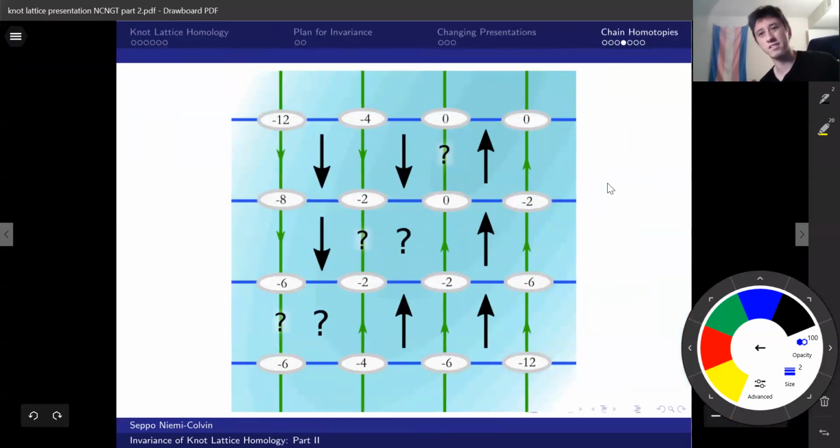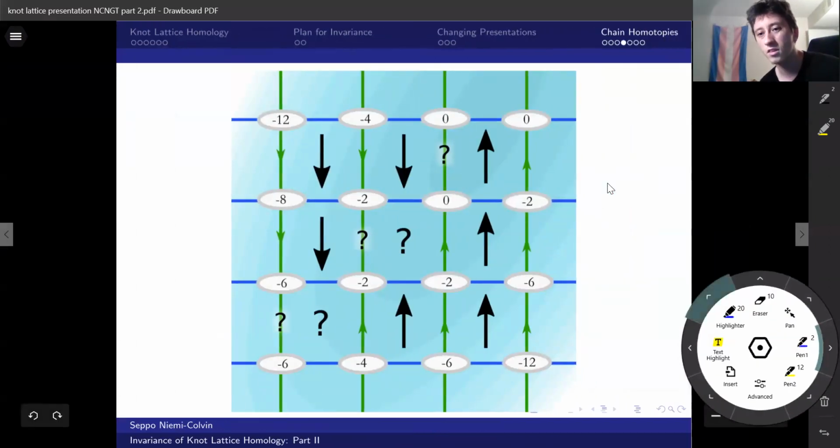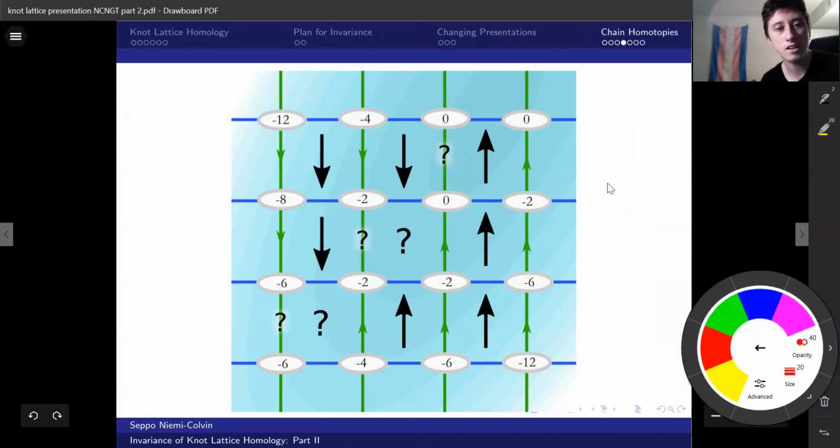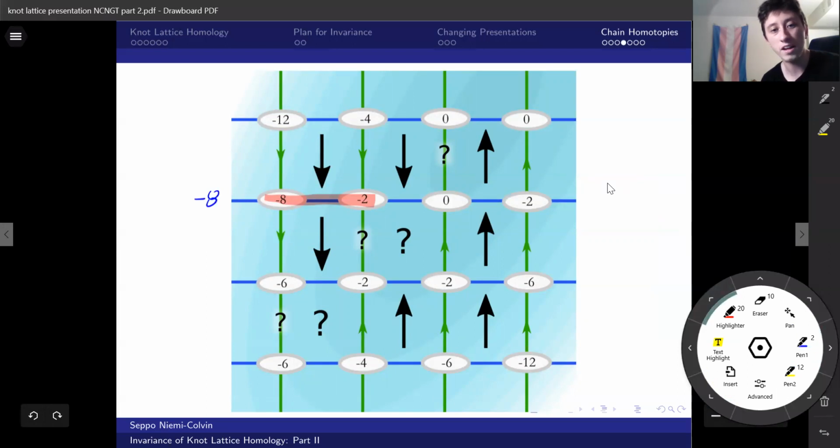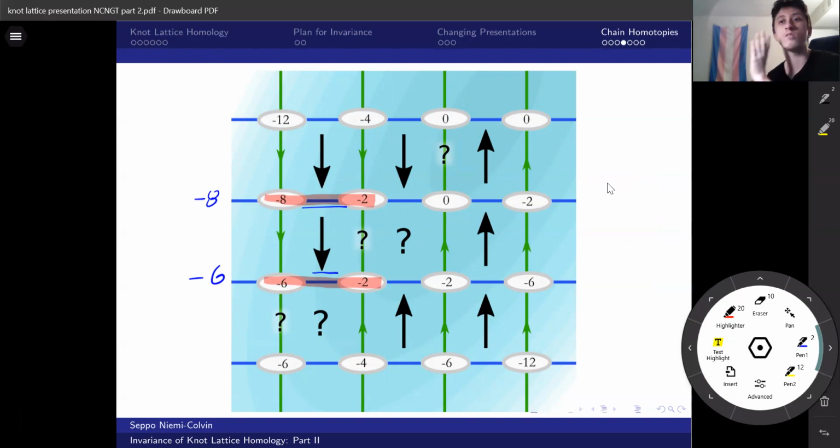And let's pull this up bigger to talk about it in context. For example, this edge, the minimum of -8 and -2 is -8. The minimum of -6 and -2 is -6. The fact that -6 is strictly bigger than -8 means that we can indeed move this edge towards the bottom edge without it respecting both filtrations, which will pop up in a moment.